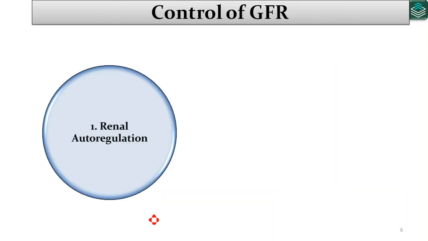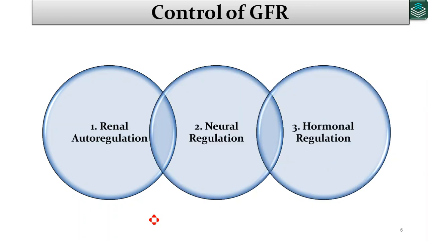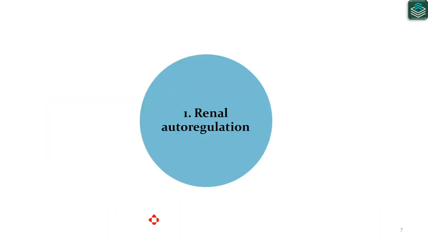Control of GFR is by three mechanisms: first, renal autoregulation; second, neural regulation; and third, hormonal regulation. Renal autoregulation involves two basic mechanisms, the myogenic mechanism and the tubuloglomerular feedback mechanism. The myogenic mechanism involves some basic steps.